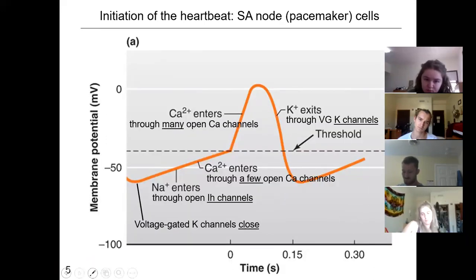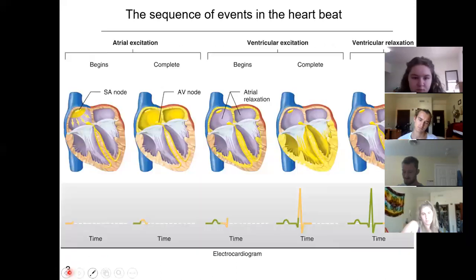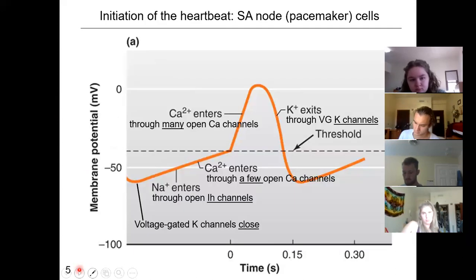Now we want to talk about the action potentials of these muscle cells here and here. The sinoatrial node are pacemaker cells, but they don't have a very strong contraction. The muscle cells of the atria, and more importantly, the ventricles, have a different action potential that are not pacemakers, but are contractile.